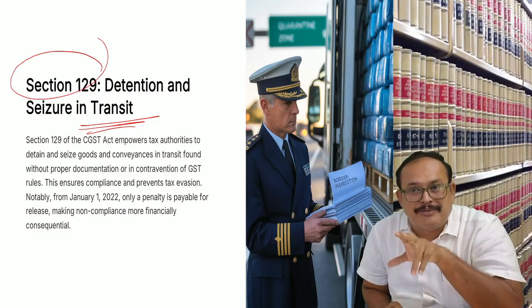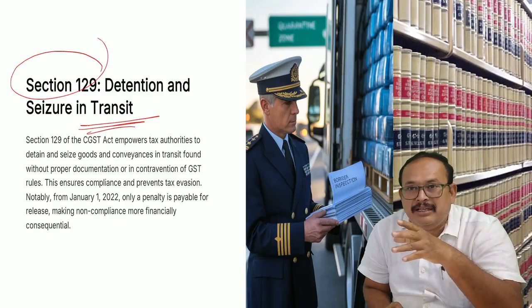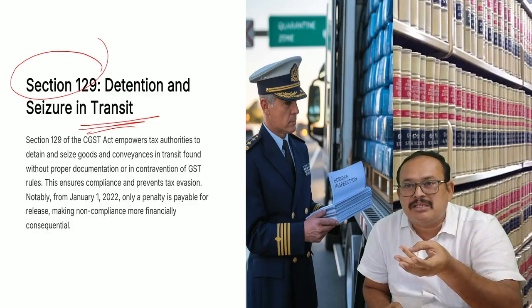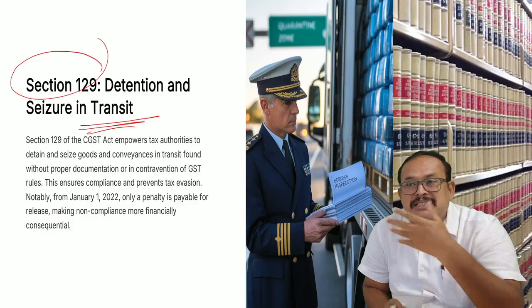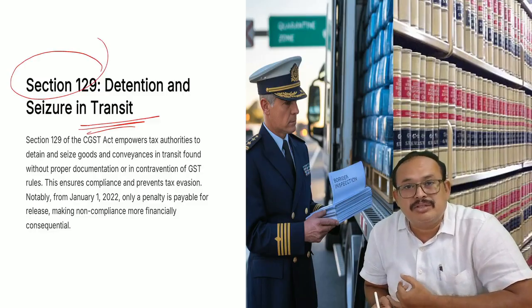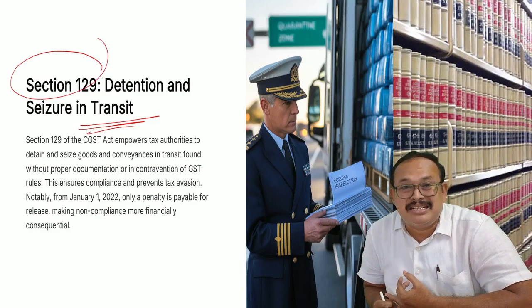During the movement of the goods, if the department detains the vehicle for want of information, for want of tax invoice or e-way bill, if these are not available, then the goods can be seized. To release the seized goods, which are seized during transit, there is a penalty.